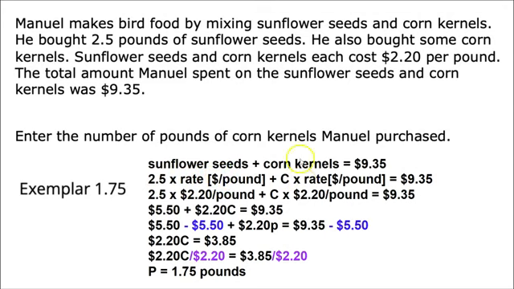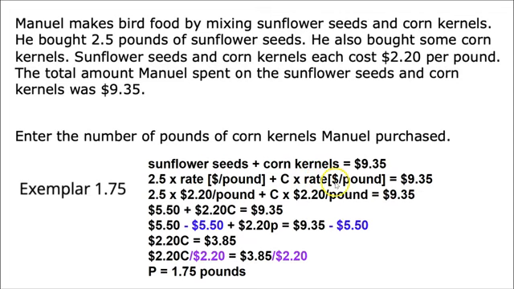And then for the corn kernels, we have no idea how many pounds we have. That is what we're trying to solve for. So write whatever letter you want there. I just put a capital C. And whatever that is, you have to times it by the rate. That's how you get the total cost of the corn kernels.